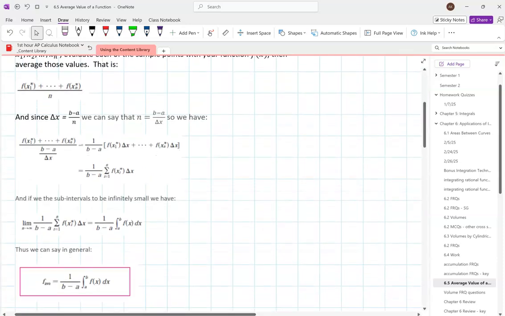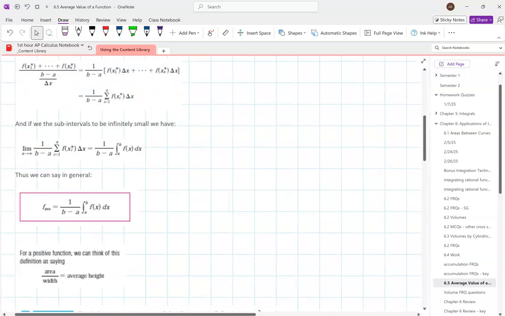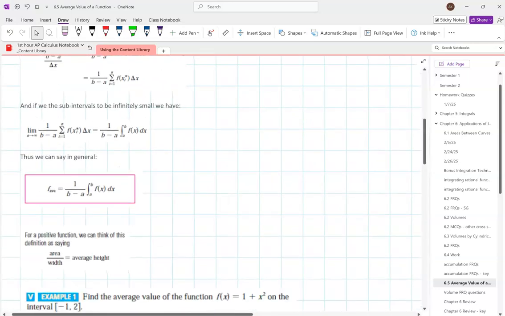So I'm left with 1 over b minus a times the sum of those f of xi's times delta x's, which is our definition of an integral, right? We just now take the limit as n goes to infinity, and that's just the integral. So in general, the average value for that function is going to be 1 over b minus a times the integral from a to b of f of x dx. So just take the integral over the interval and divide by the length of the interval. That's all you're doing.